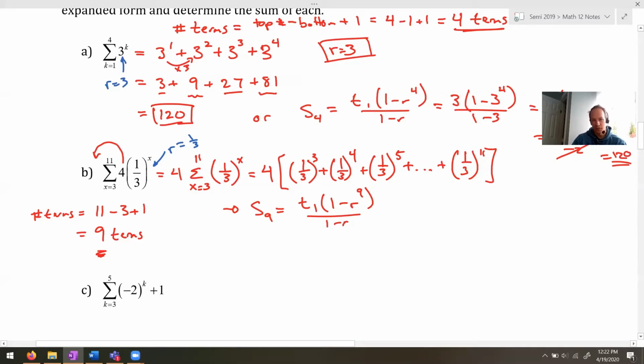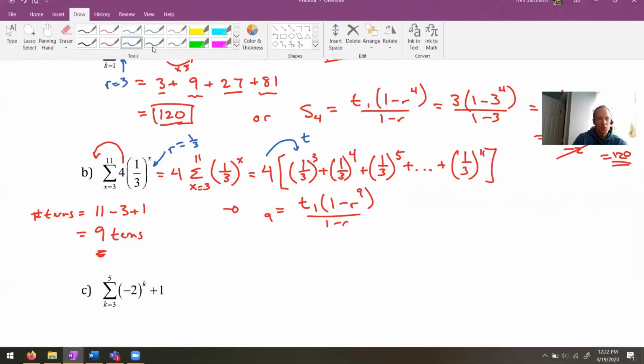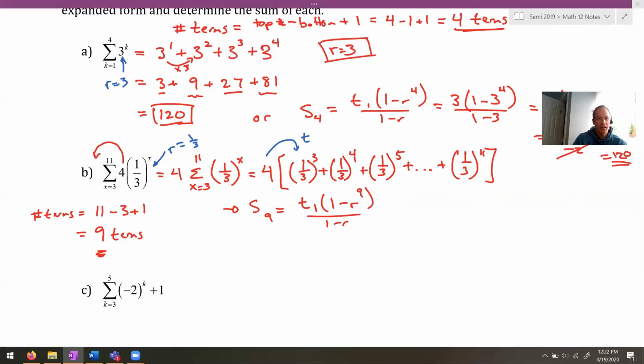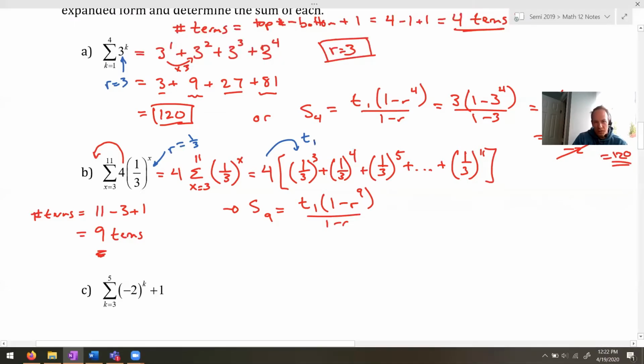Now we do, of course, have to figure out what T1 is. If we multiplied the 4 back in, because we would have to do it to use this formula, although there's some arguments that you could factor the 4 out, I don't want to get that complicated right now. We would have 4 times 1 over 3 to the power of 3.